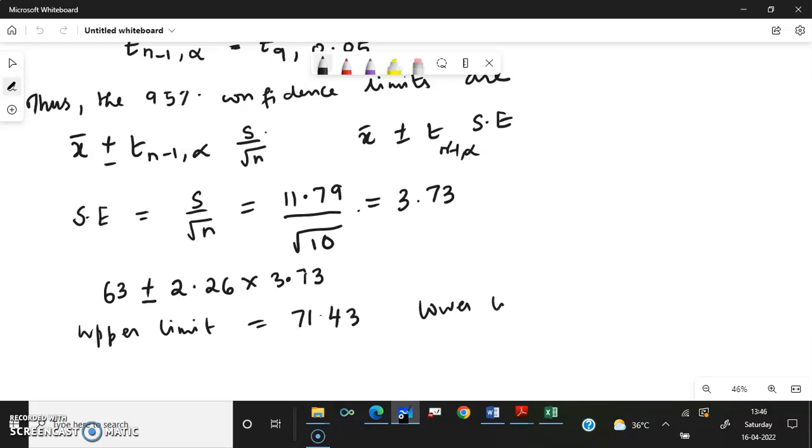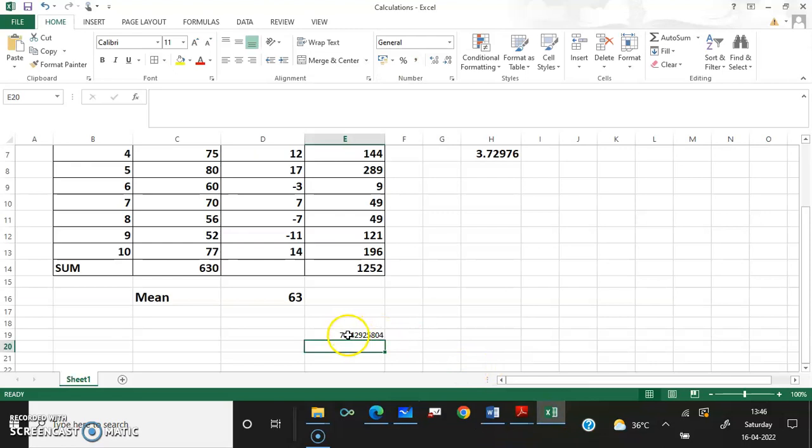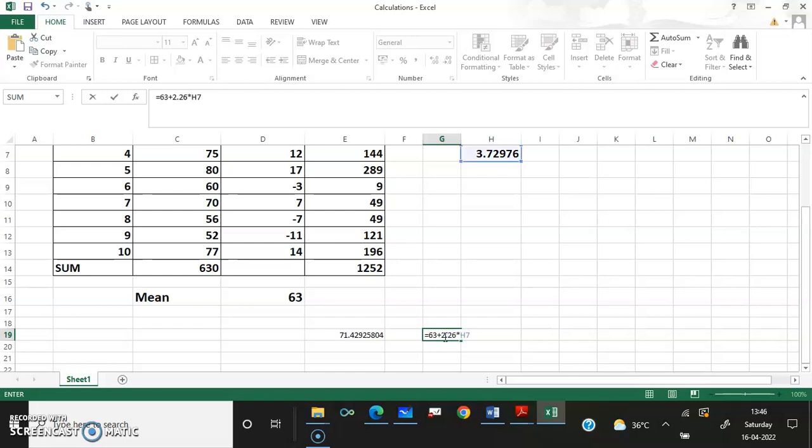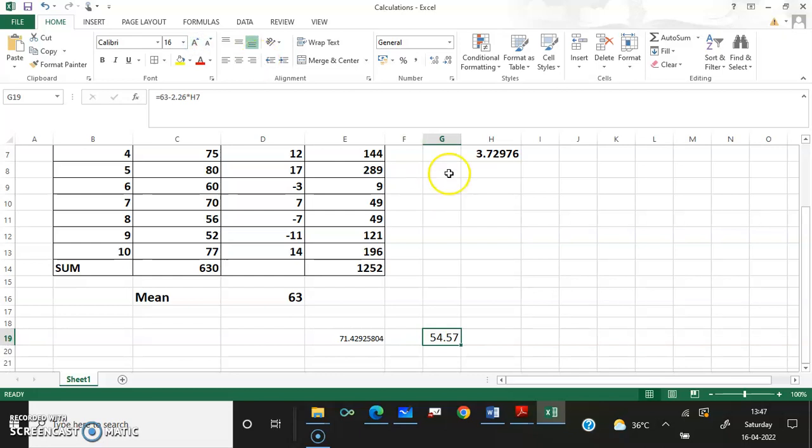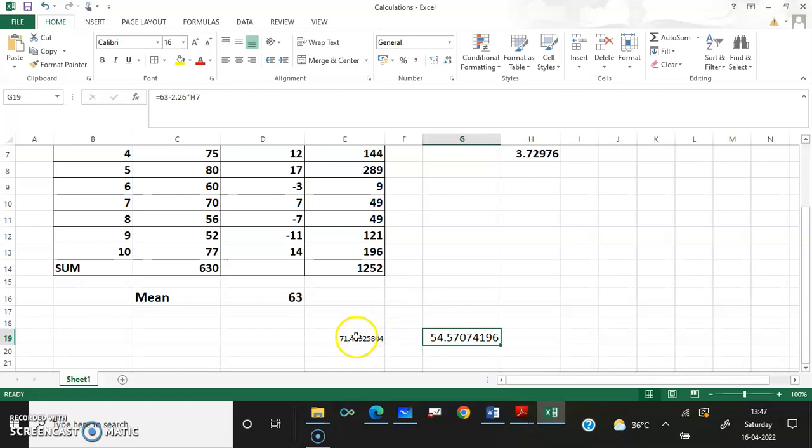We'll find the lower limit. It is the same, but we have to subtract. Copy, paste, and we'll make it minus.